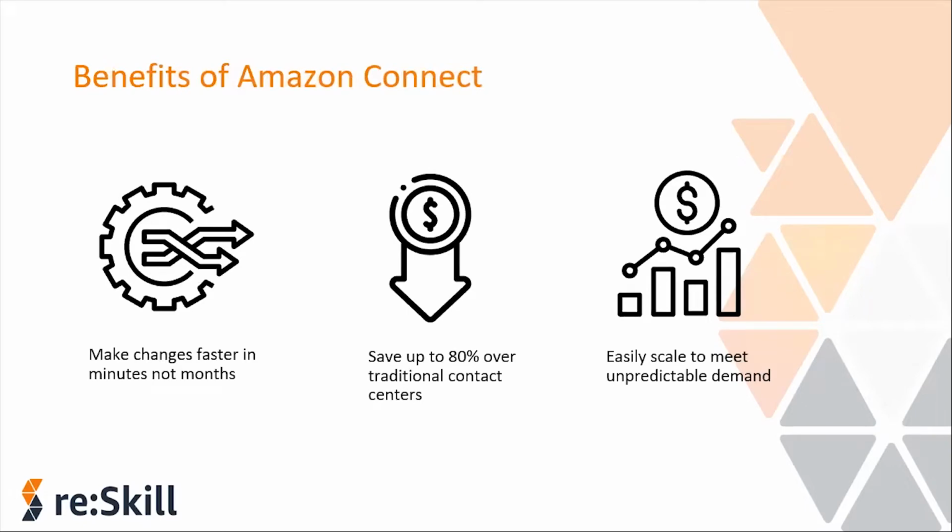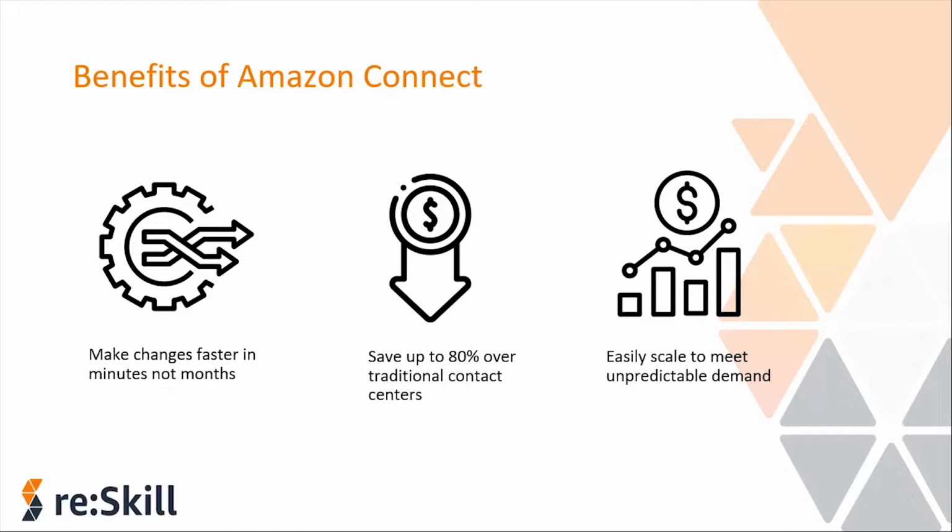What are the benefits of Amazon Connect? Compared with the traditional contact center that organizations use, Amazon Connect helps you make changes faster, in minutes, not months. In a traditional contact center, if you want to make changes, you have to set up resources and go through a process, so it takes a lot of time.